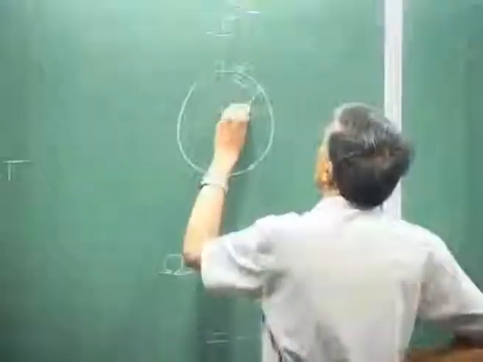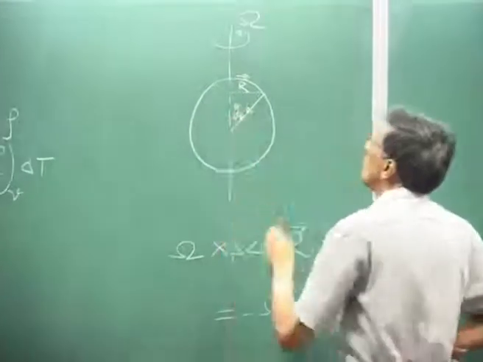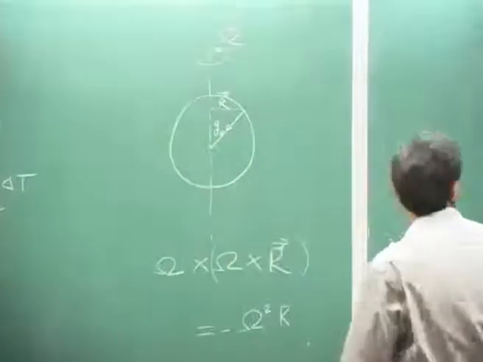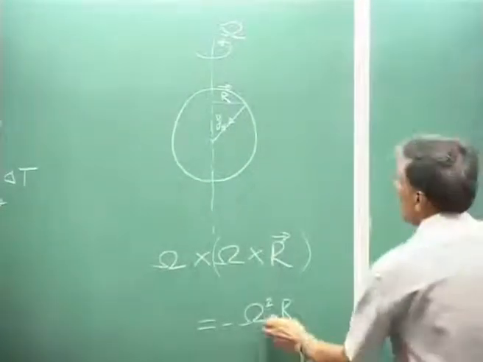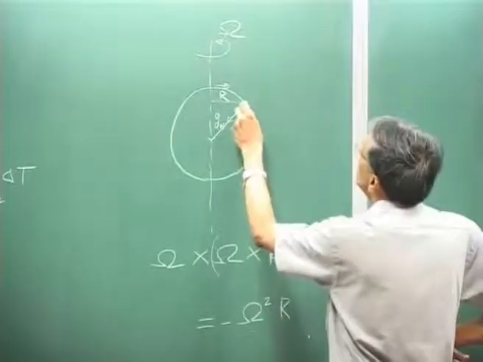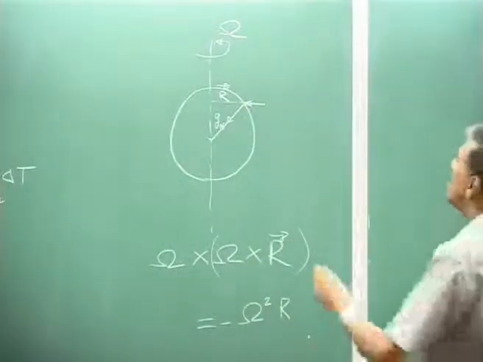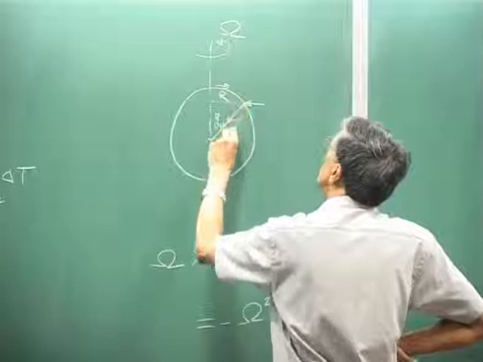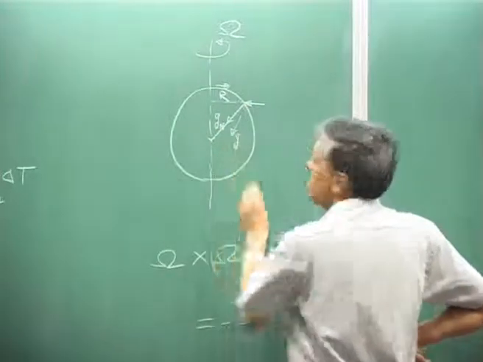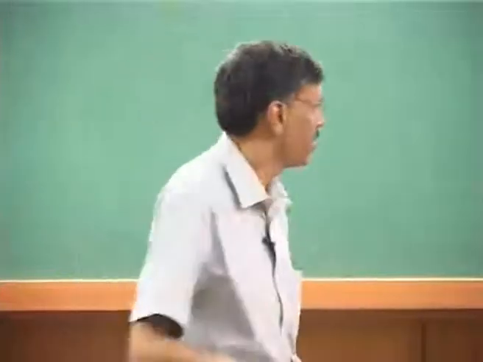So, if I call that as G n, so that is acting towards the center, and this force that we are talking about here, this will act in this direction, right. So, what will happen? The resultant would be G, and that is the G that we have written. So, this G incorporates both the gravitational attraction term plus the centrifugal term.